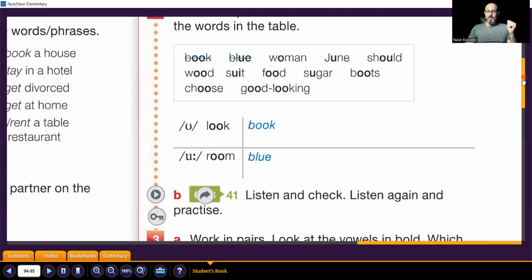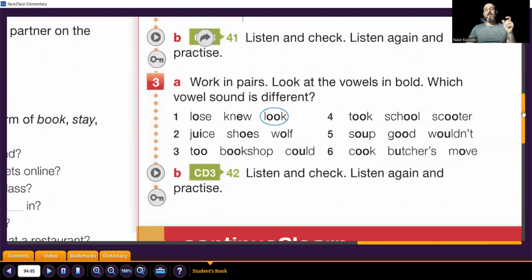Okay. What's next? Now this is a very nice exercise. After you practice, you come here, and which word sounds different? Like here, for example, we say lose. Lose is long. New is long. Look, this is short, is different. Now, number 2.